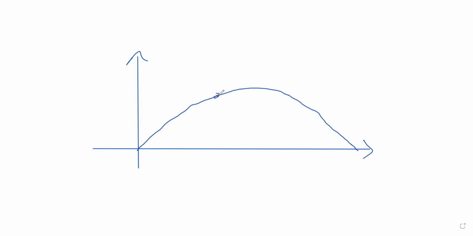You choose any general point P on the projectile, and then you join the line from the point where the projectile has originated, and you join this point with the point where the projectile drops finally, where it completes the journey. And now let us say this angle is alpha and this angle is beta, and the angle at which the projectile is projected is theta.